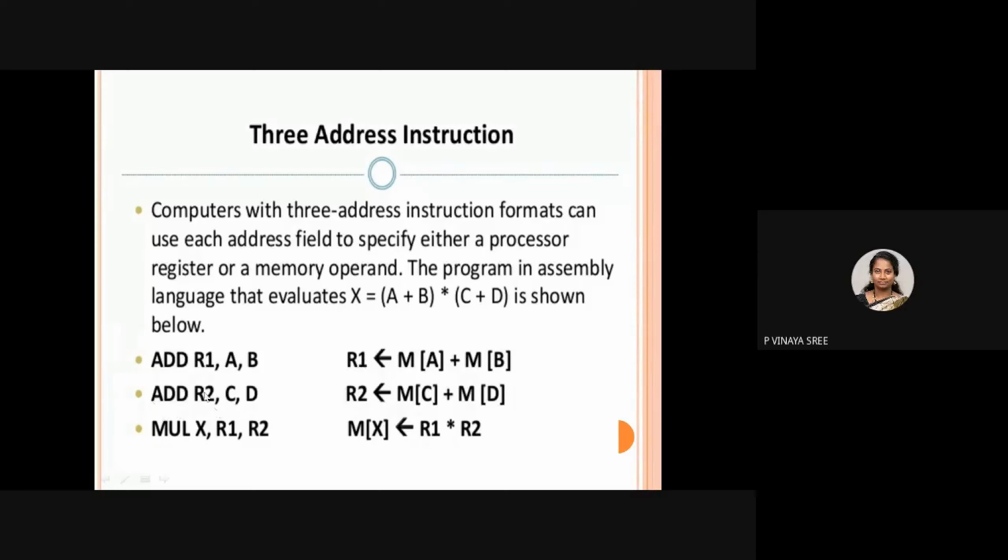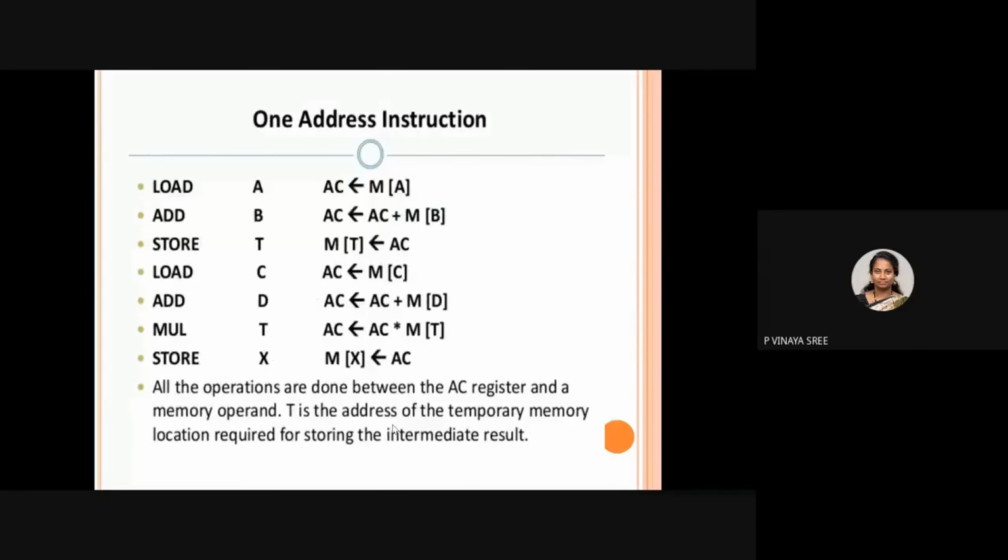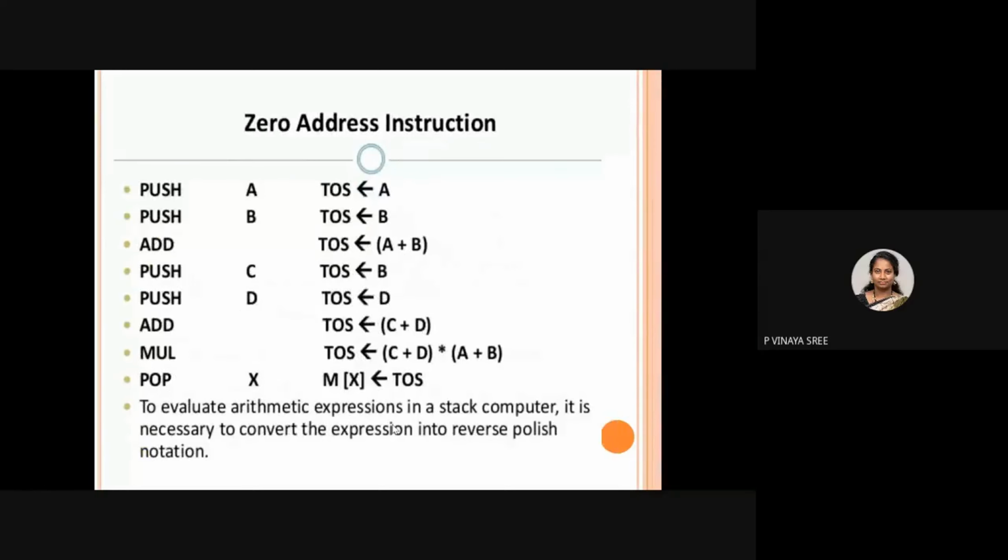Next, add R2, C, D goes to memory locations C and D, performs an addition, and the result is stored in R2. Similarly, the final result has to be stored in X. So A plus B is present in R1, C plus D is present in R2. Both we multiply, and the result we place in a memory location. In this way we discussed the three address, two address, one address, and zero address instruction formats.